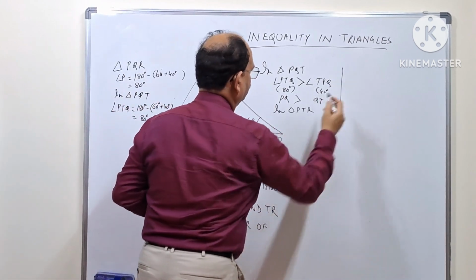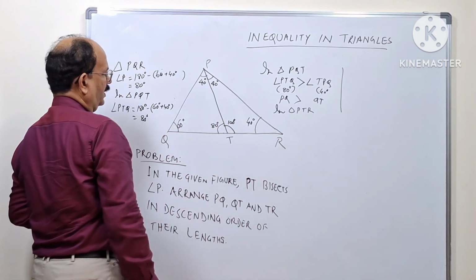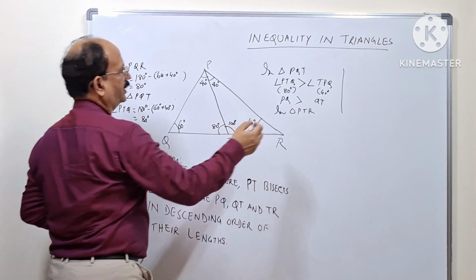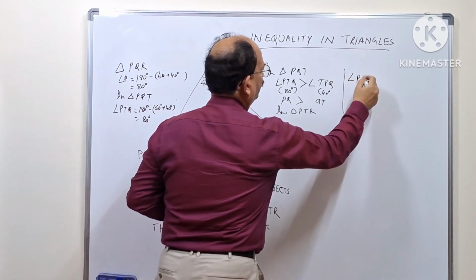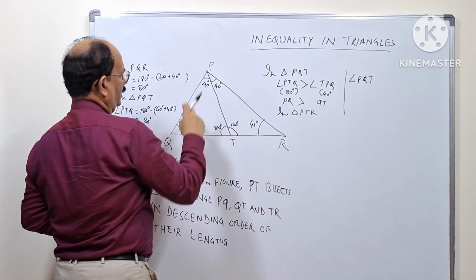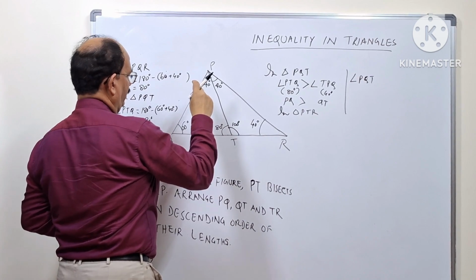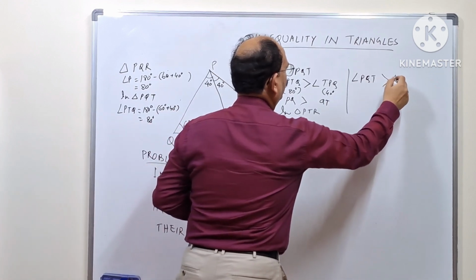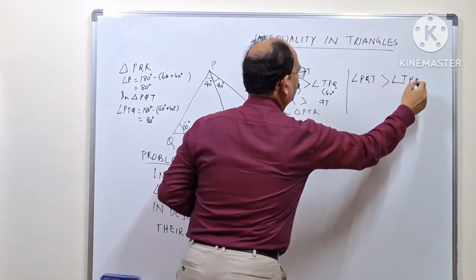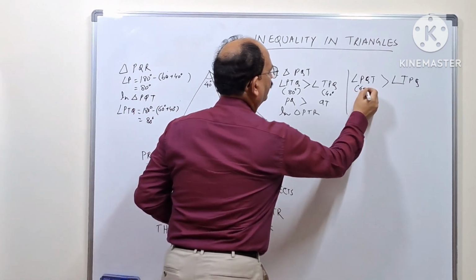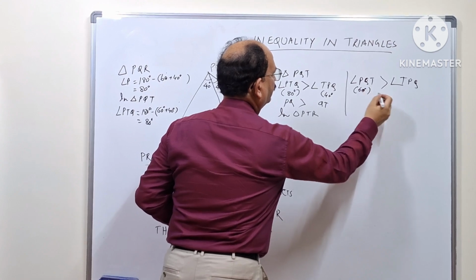For that, angle PQT is greater than angle TPQ, because PQT is 60 degrees, right?